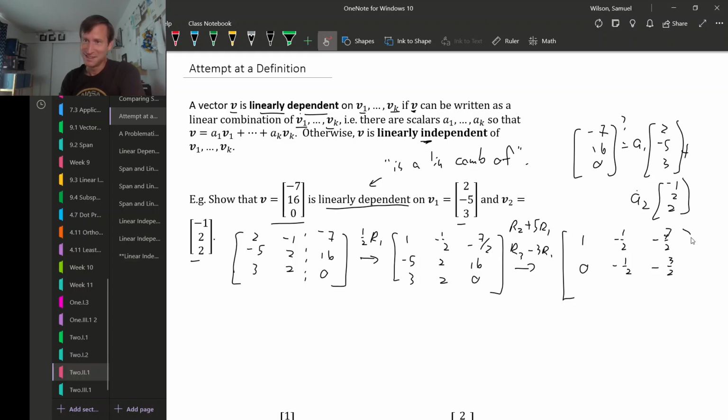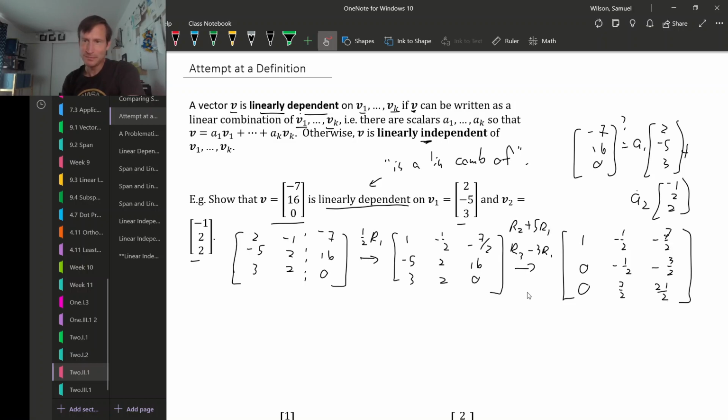Oof. Okay, and then last row, 0, so this minus 3 times that, so 4 halves plus 3 halves is 7 halves, and then 0 plus 21 halves, 21 halves.